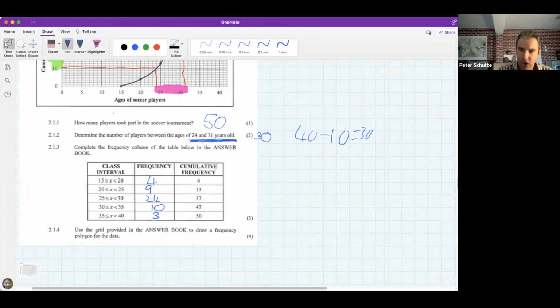Now, I'm not going to ask you to draw a frequency polygon now. There isn't enough time. But what I am interested in knowing is with a frequency polygon, there's some important stuff that you need to be able to calculate. So first of all, if you're drawing a frequency polygon, whereabout in the interval is your point going to be?